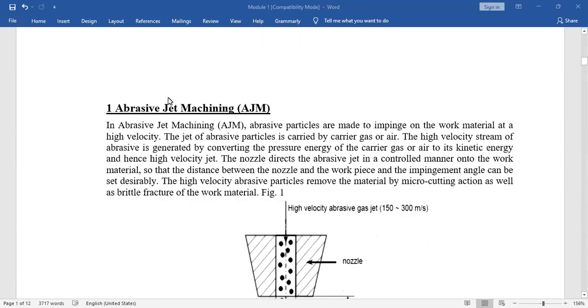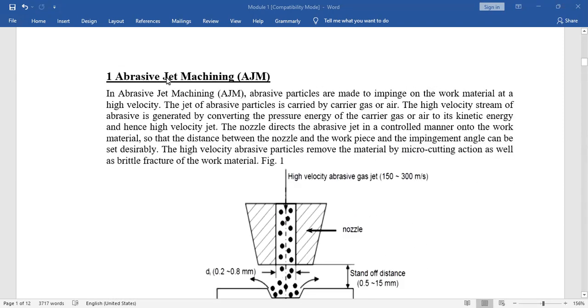First we will see what abrasive jet machining is. The short form of abrasive jet machining is AJM. Wait one minute. Before starting abrasive jet machining, I want to show you what an abrasive particle is, so that you can understand in a better way.